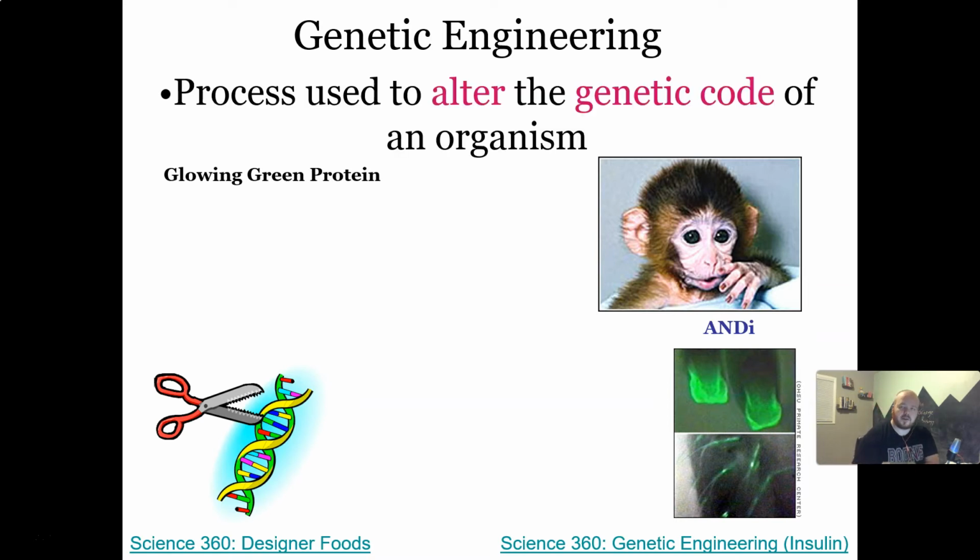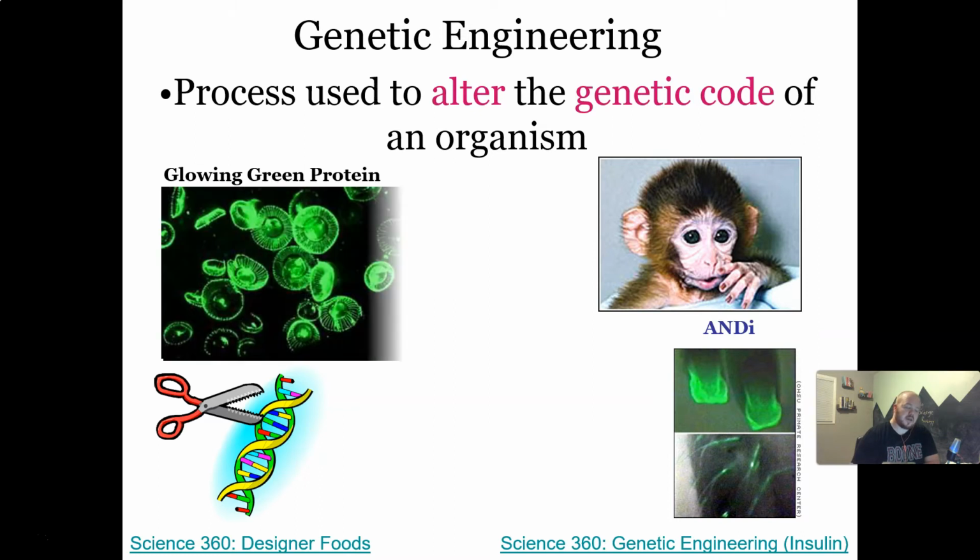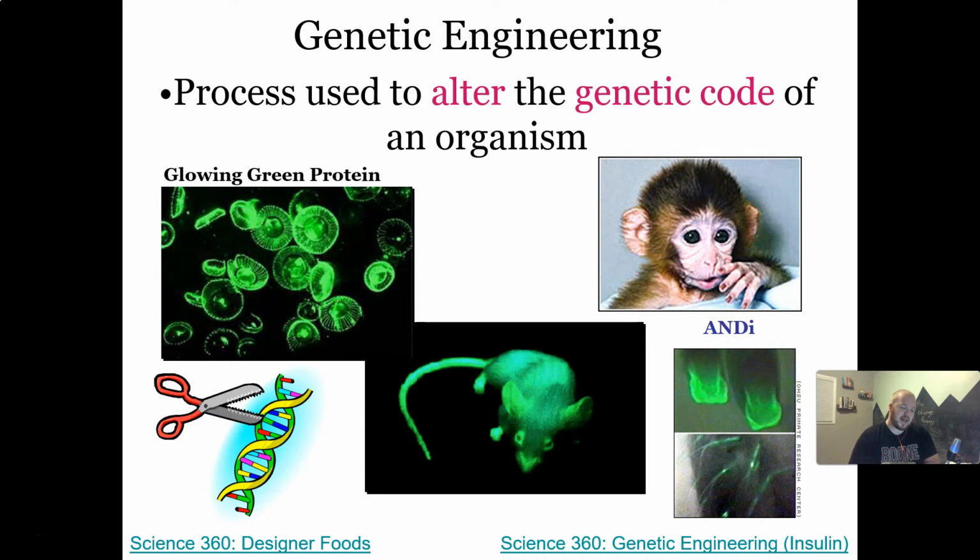So there are certain ways we can do genetic engineering. If we were in the classroom, there's some cool stuff I had planned, but the situation doesn't permit. Genetic engineering is the process of altering the genetic code of an organism. For instance, the glowing green protein found in jellyfish, we can actually cut that out and implant it into another organism.